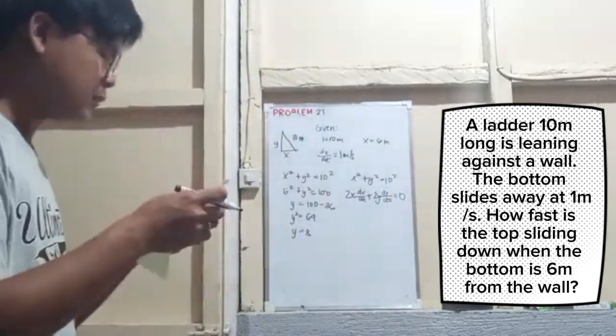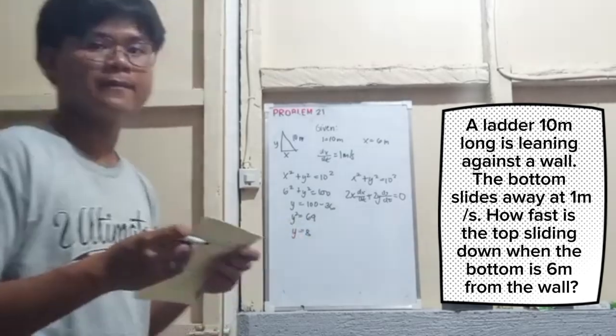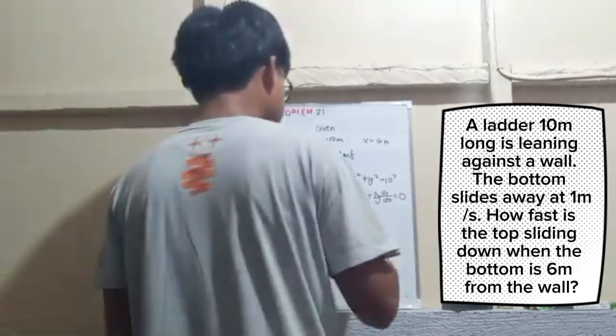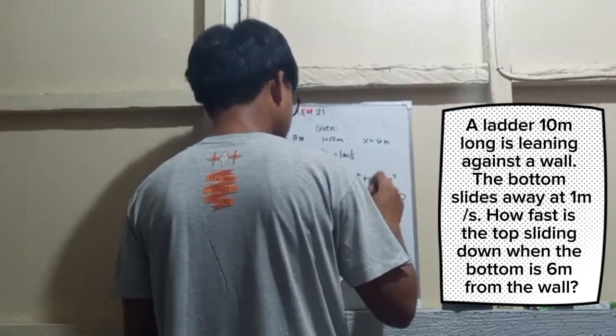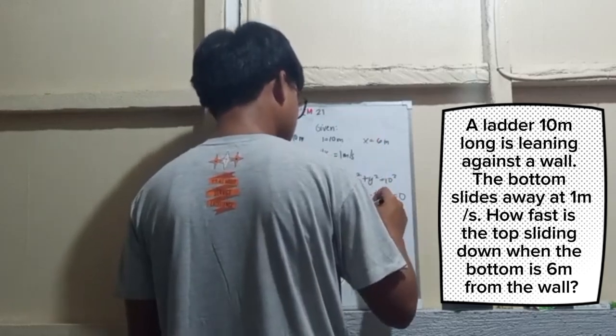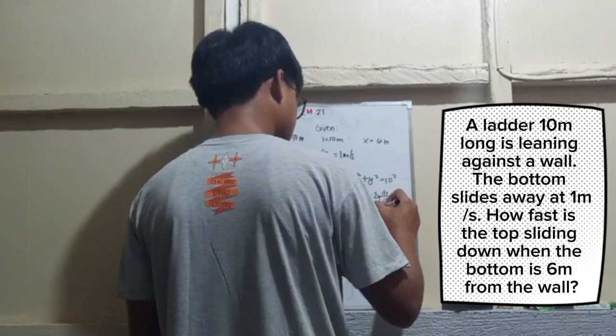Now we will substitute the given into the formula. So x is equal to 6 and our dx/dt is equal to 1, 2.